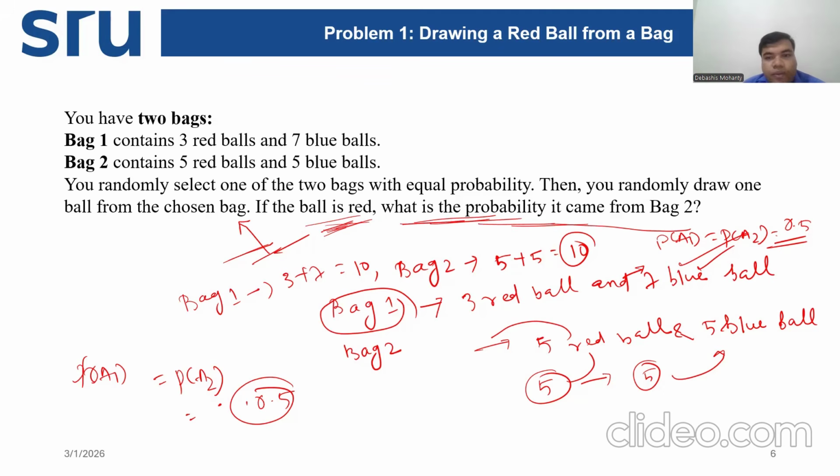Again, bag one contains three red balls and seven blue balls, and bag two contains five red balls and five blue balls.